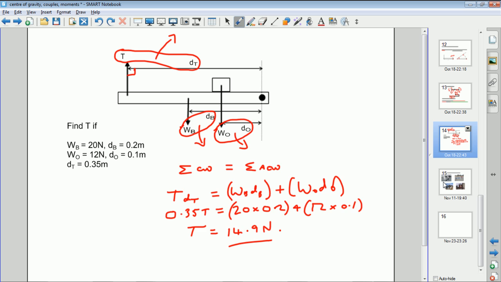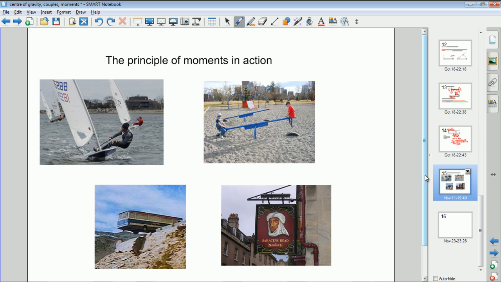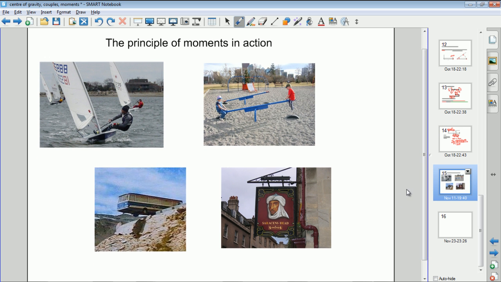Okay, so let's have a look at the principle of moments in action in the real world. There's 4 situations I've managed to pick here. The reason you hike out when you're sailing a dinghy is so that you can balance your weight against the force from the sail, because the force from the sail is causing a moment in this direction, anti-clockwise, and the weight from your body is causing a clockwise moment in this direction, and the boat will pivot around a point somewhere in the vicinity of the centerboard of the keel.